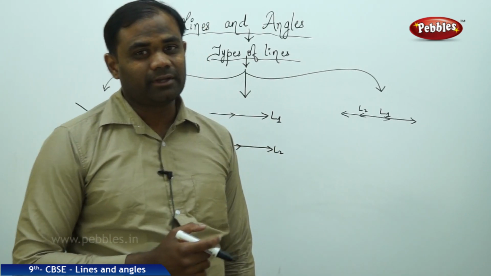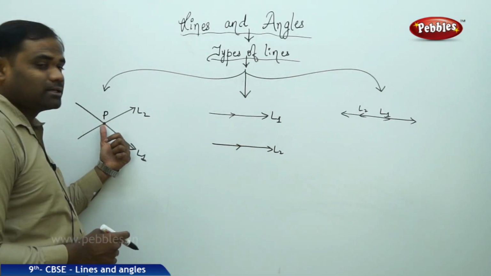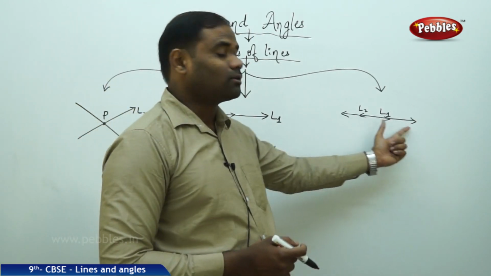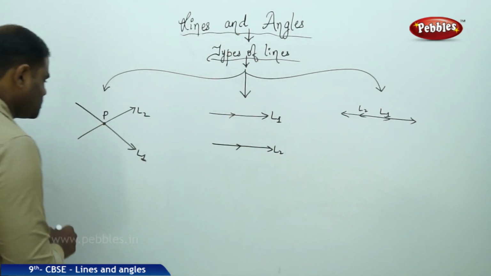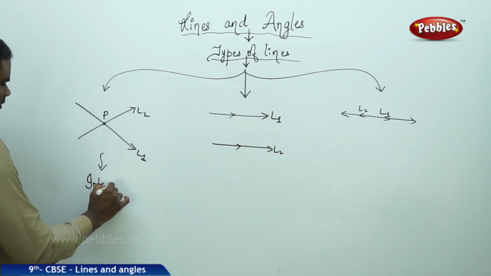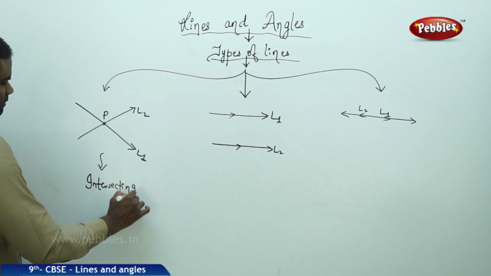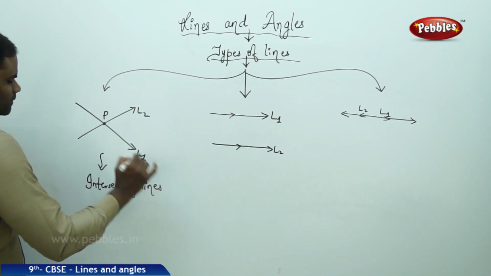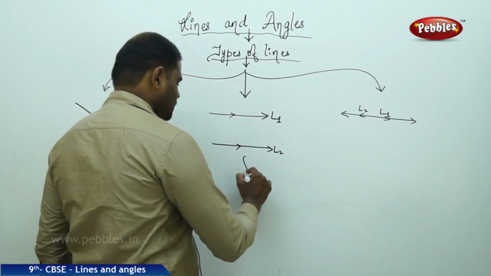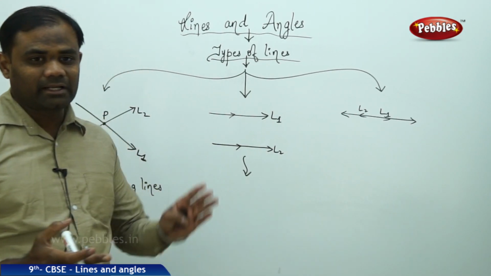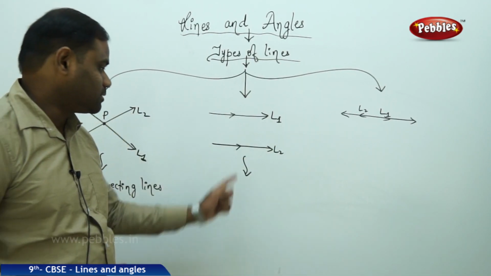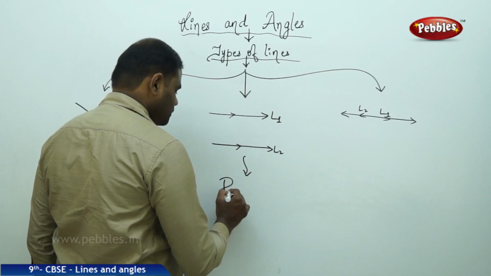So let's see the three cases where the lines intersect at a point, are parallel to each other, or are coincident. In such a case, these kind of lines are called intersecting lines, and when they are going exactly at equal distances like a railway track, then we say such lines are parallel lines.